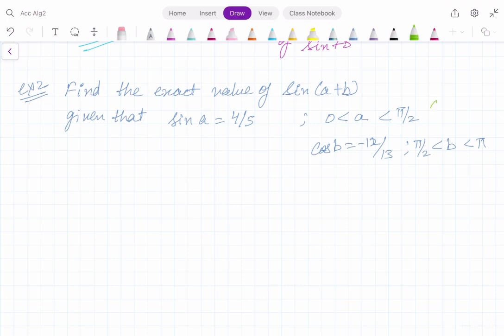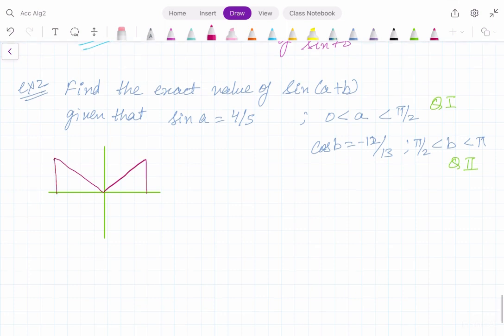Now, we know SOHCAHTOA, right? Let's apply this on the quadrants. For the sine function, because it is between 0 to pi 2, it is quadrant 1, and for cos, it will be in quadrant 2. So let's create two triangles in quadrant 1 and quadrant 2 respectively. For the first one, we have 4/5.